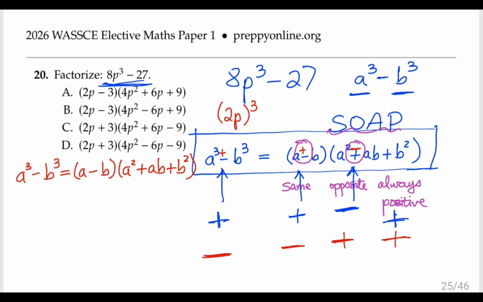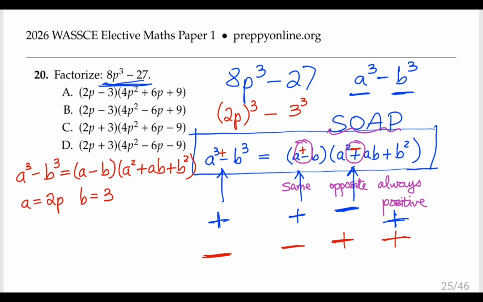If you cube 2p, you're going to get 8p cubed. And here, what we're cubing is 3. If you cube 3, you get 27. So using this formula, it's like our a is 2p and our b is 3.